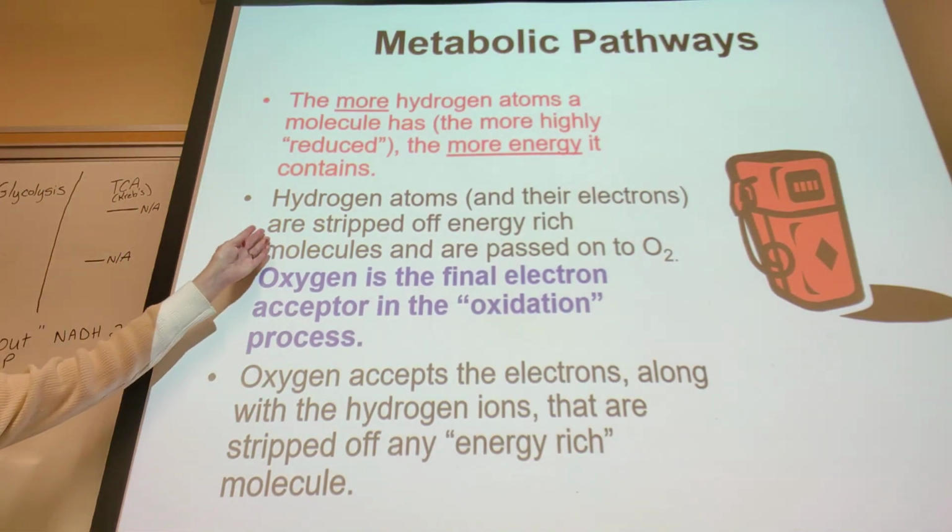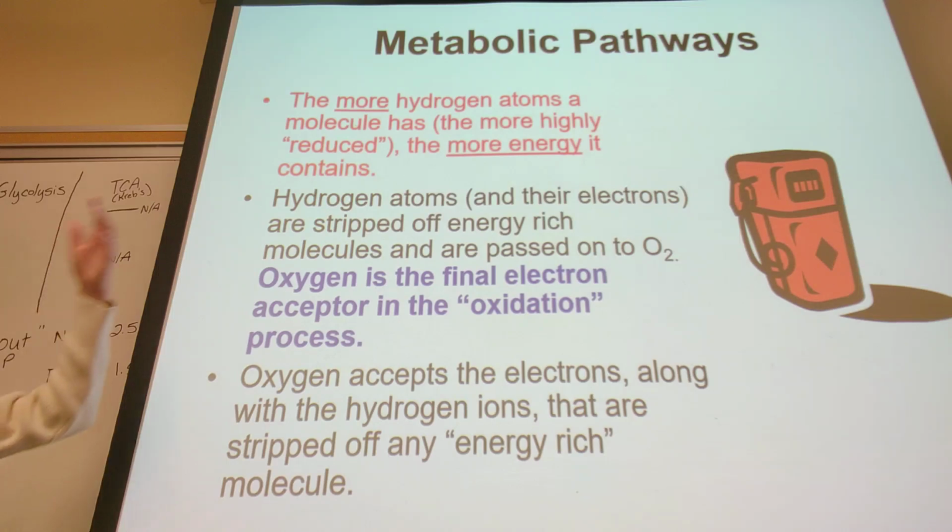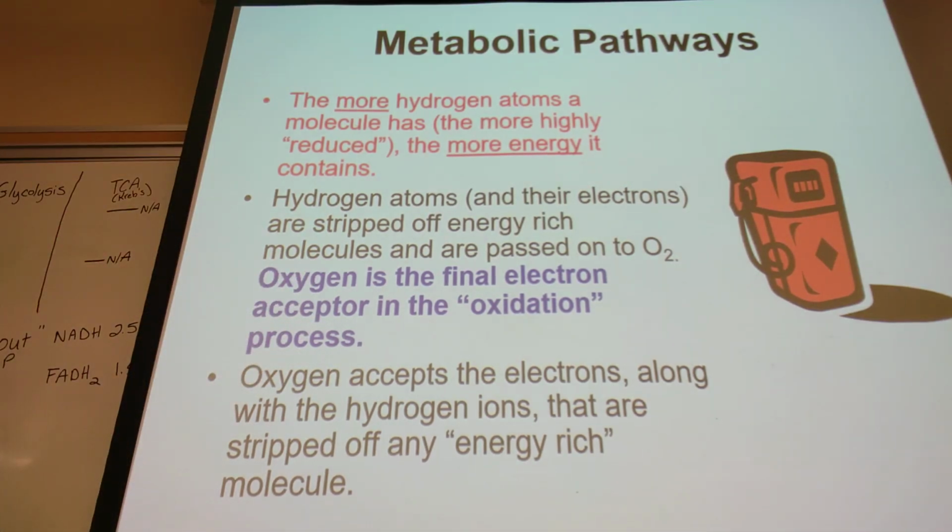The hydrogen atoms and their electrons, we're going to be basically passing them on to coenzymes or electron carriers, and then ultimately oxygen. Oxygen is going to accept the hydrogen and its electrons, and we're going to turn oxygen ultimately into water, H2O. We're also going to generate ATP. Oxygen and glucose are basically going to be turned into water and ATP.